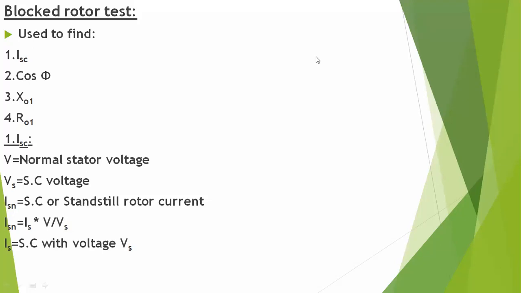Only S is equal to 1 now we are taking. Now the equivalent circuit of the motor is exactly like a transformer but short circuited. If R is taken as infinity, it is taken as open circuit.